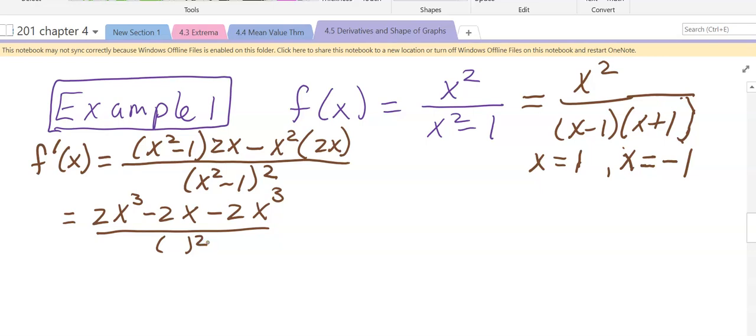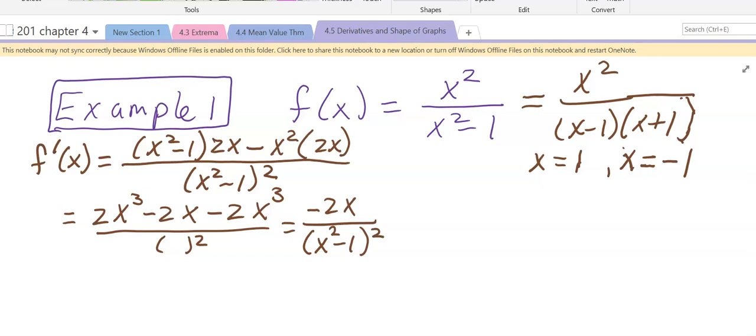The 2x cubes cancel, and this leaves me with negative 2x divided by the quantity x squared minus 1 quantity squared. Now I need to find my critical points.